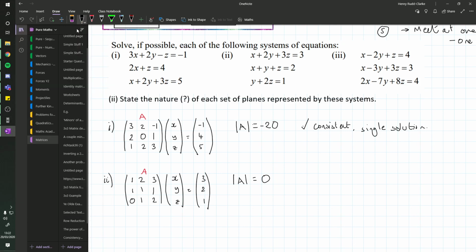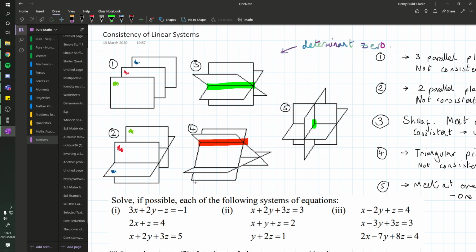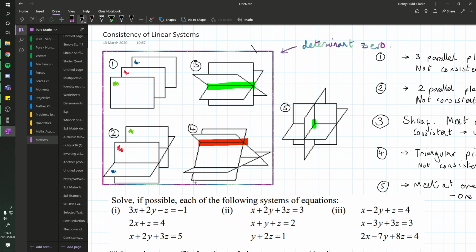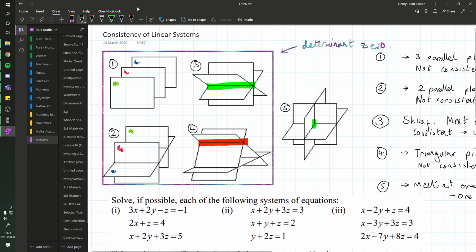So what we have to do now is think, what situation here, 1, 2, 3 or 4, do we have? Because if it's 1, 2 or 4, this is non-consistent, but if it's 3, we have an infinite set of possible solutions. So I think first of all, it's easiest to eliminate 1 and 2.